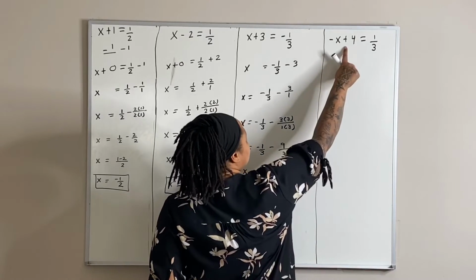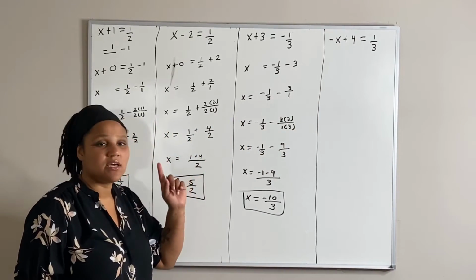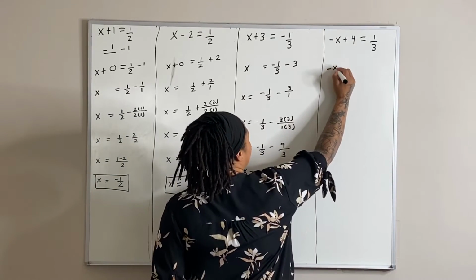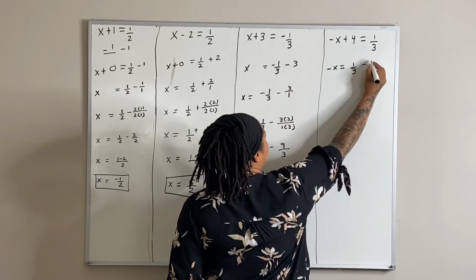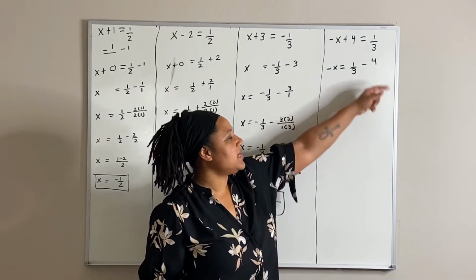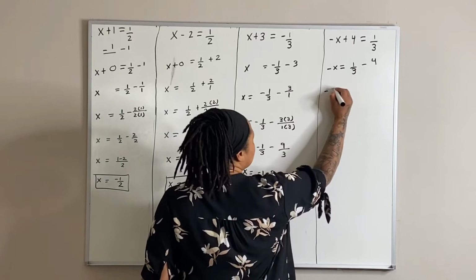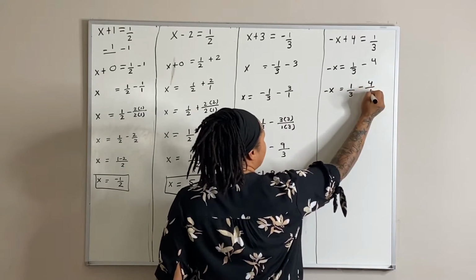We have an addition sign here, so I'm going to subtract 4 from both sides. So we're left with -x is equal to 1/3 minus 4. Again, I want a common denominator, but first I'm going to go ahead and make this whole number into a fraction by making it 4/1.